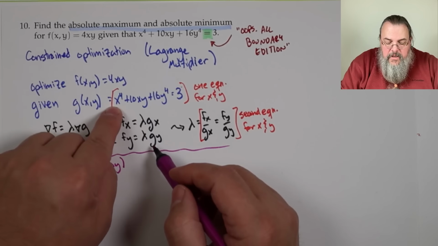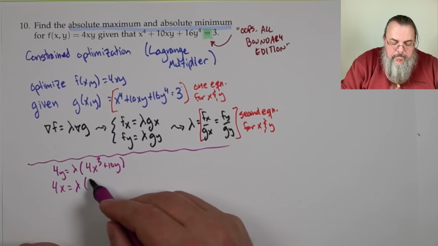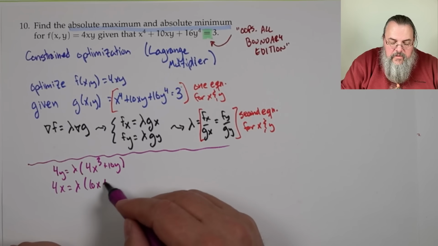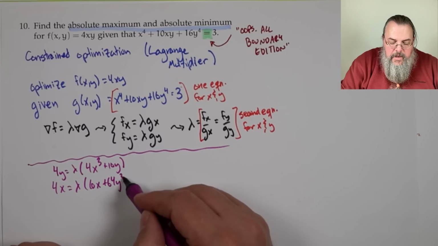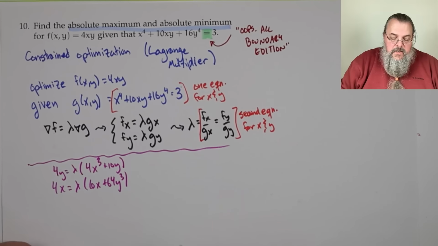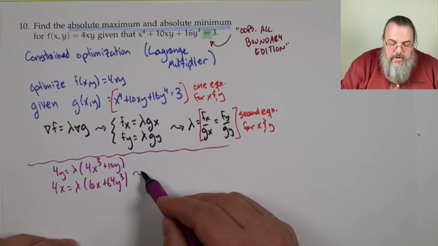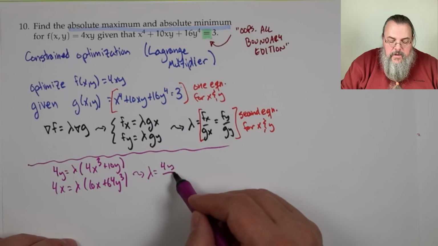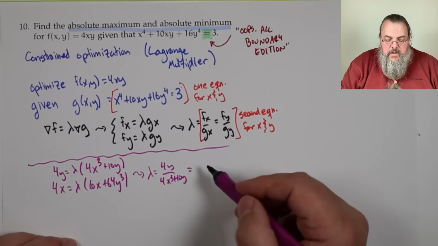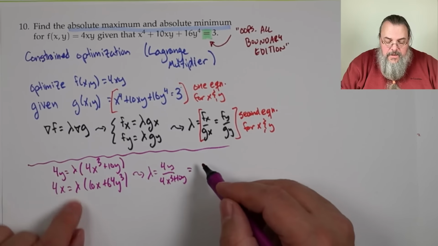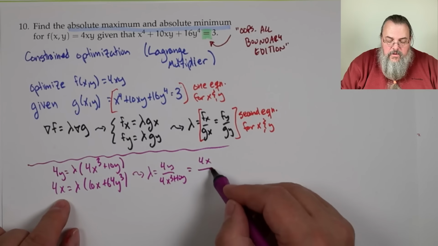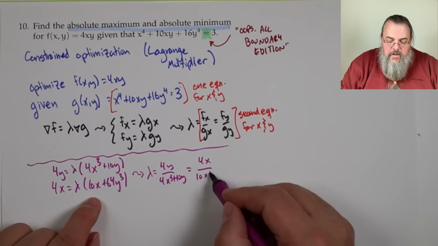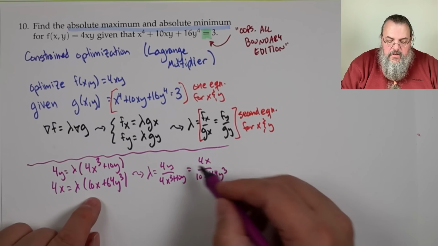That goes away. Then we get 10x plus 64y cubed. All right, and then I go through and I say, all right, solve for lambda. So we have 4y over 4x cubed plus 10y. That's from the first equation, equals 4x over 10x plus 64y cubed.